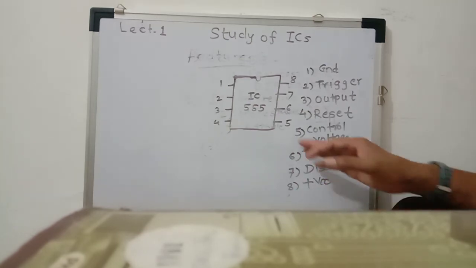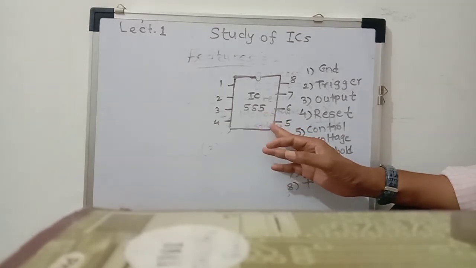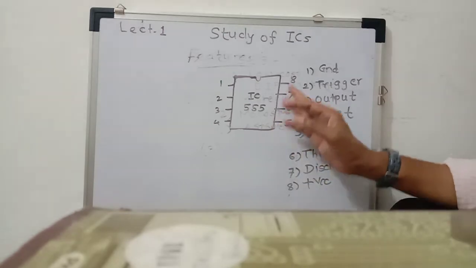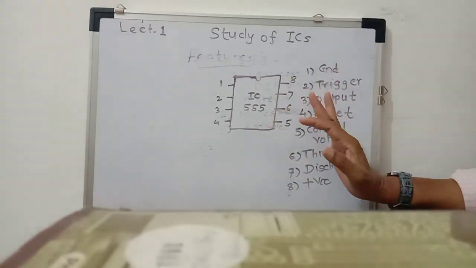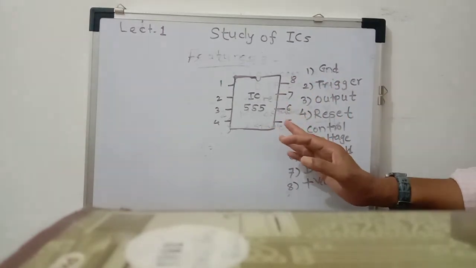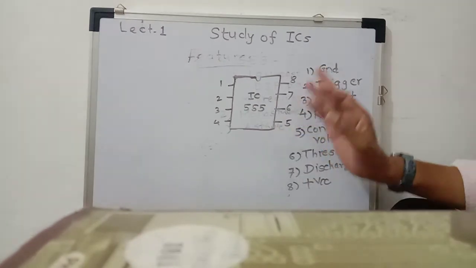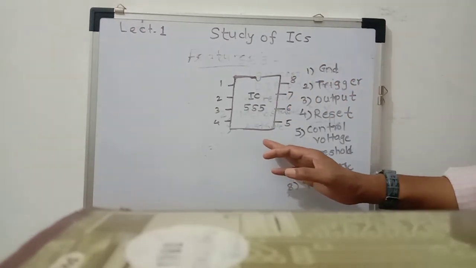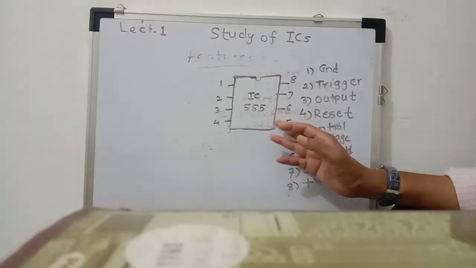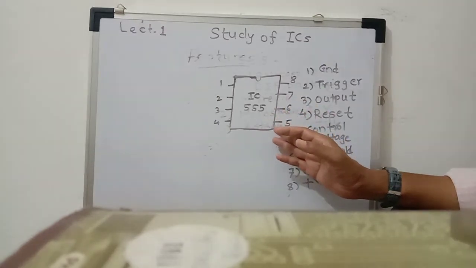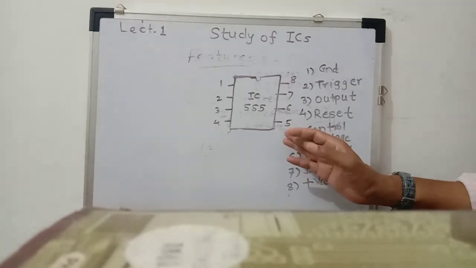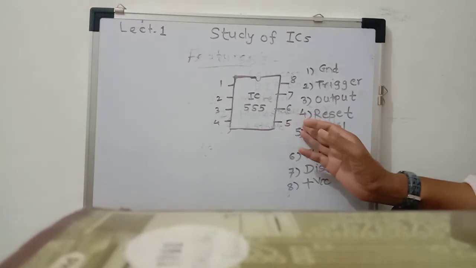This IC555 consists of one voltage divider of 3 equal resistors of 5 kilo ohm each. Then IC555 also consists of 2 comparators, upper comparator and lower comparator. Then one RS flip-flop, one discharge transistor and one voltage follower or emitter follower type output stage.